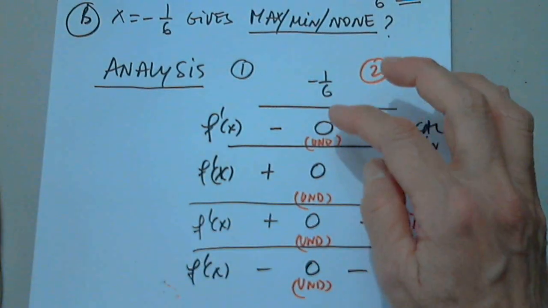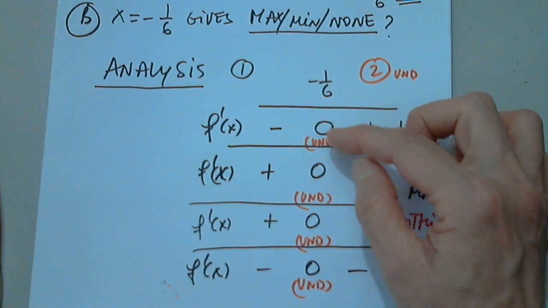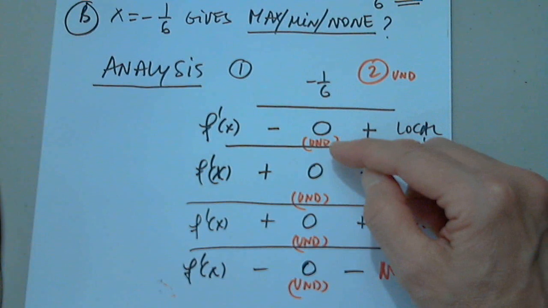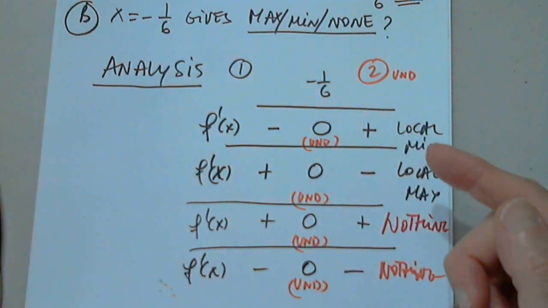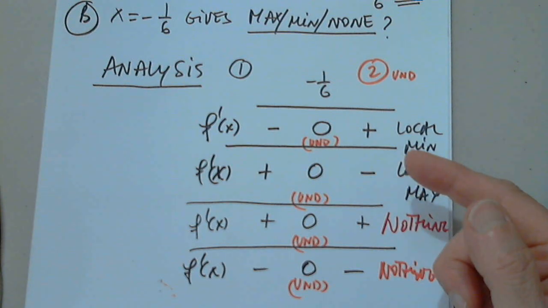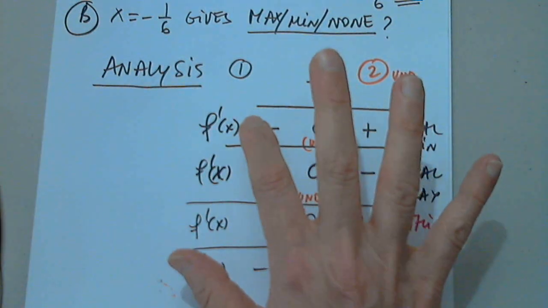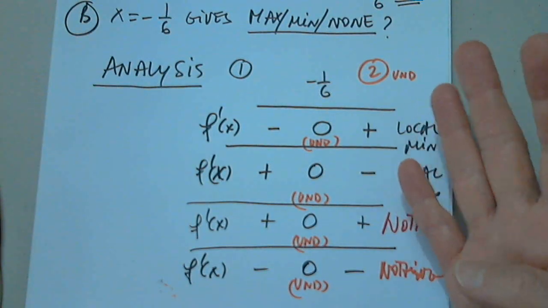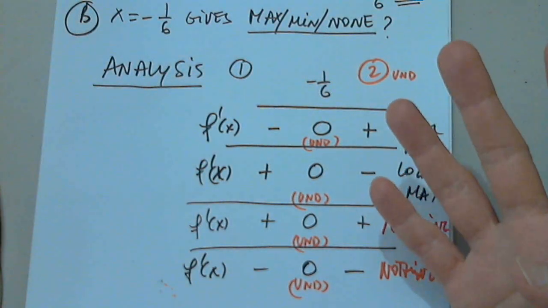So one possibility is I find a critical number when the first derivative is 0. Or I find a critical number when the first derivative is undefined, but the function is defined there. Okay, so all these possibilities are identical, and there are only 4. You can't find anything else.